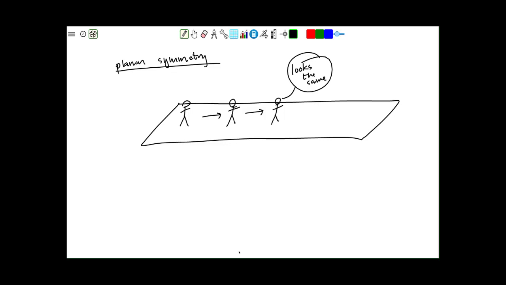Now, what if we ended up on the bottom of the plane? So let's look. Well, below the plane looks just like it does above the plane. So with reflection about the surface of the plane, you also have planar symmetry.